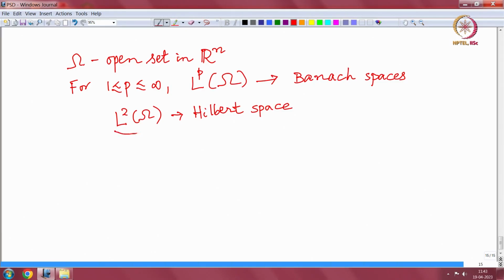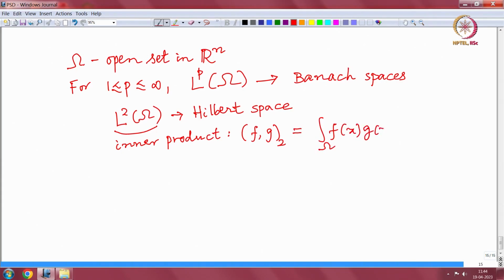And the inner product here, let me just introduce some notation also. If f and g belong to L2 omega, we write this as integration of f(x) g(x) bar.